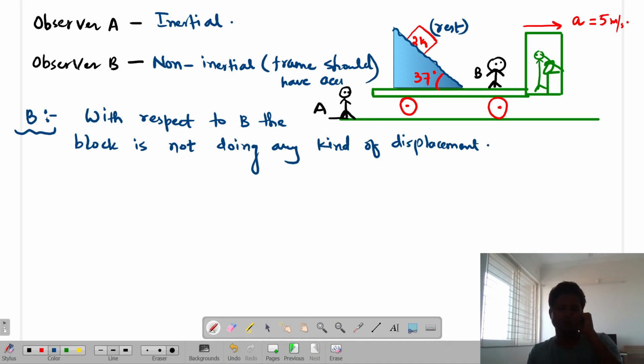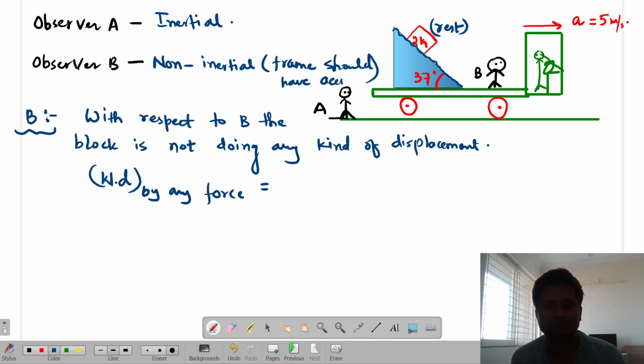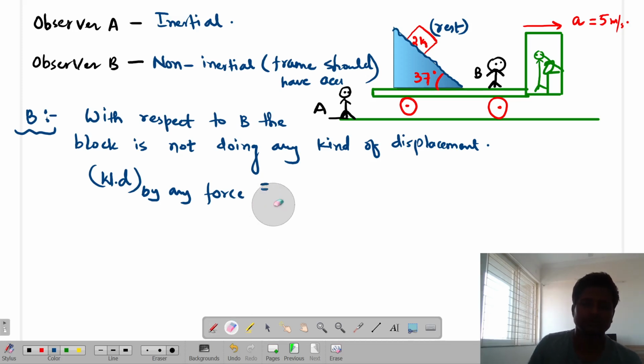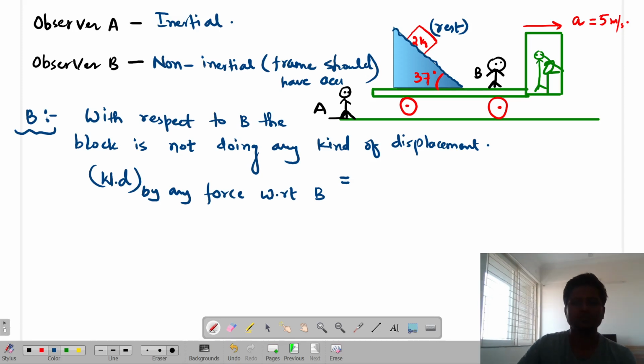So if the block is not doing any displacement with respect to B, then the work done by any of the forces present on that block must be equal to how much? Zero. Perfect. Basically, this 2 kg block is not doing any displacement with respect to B.